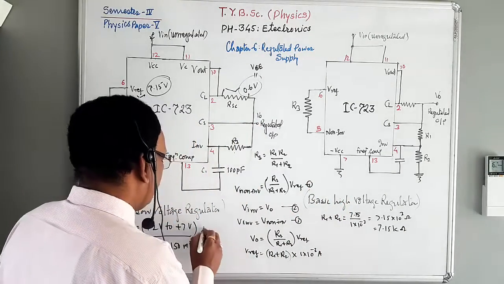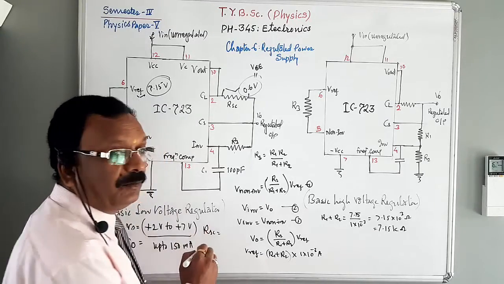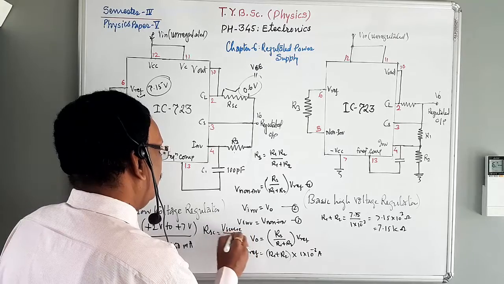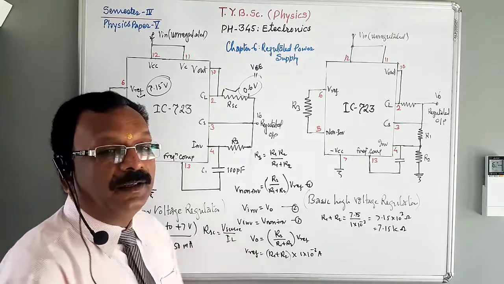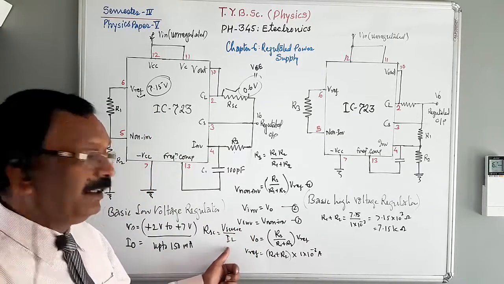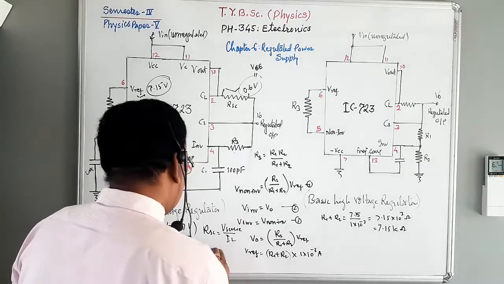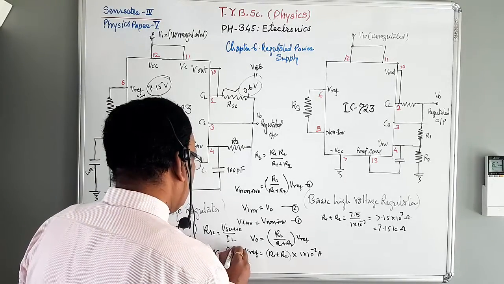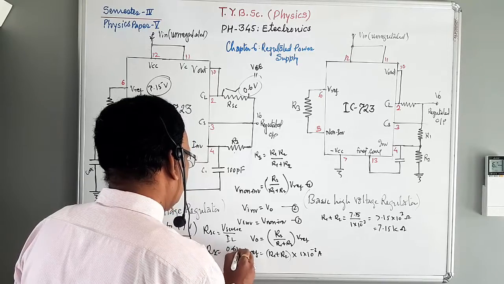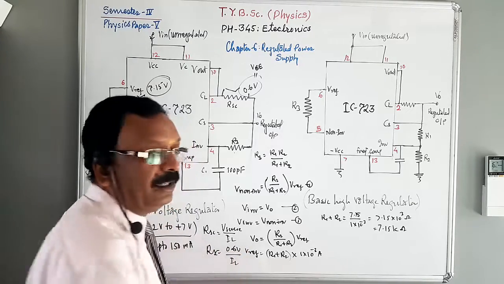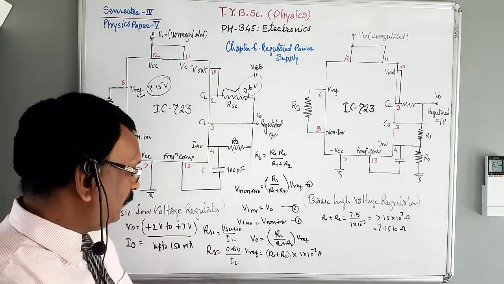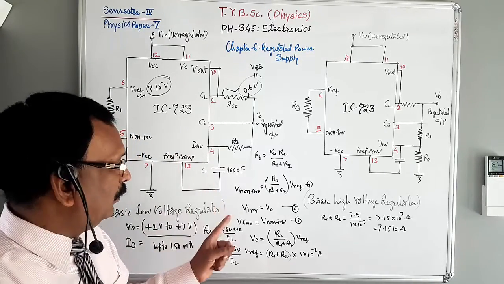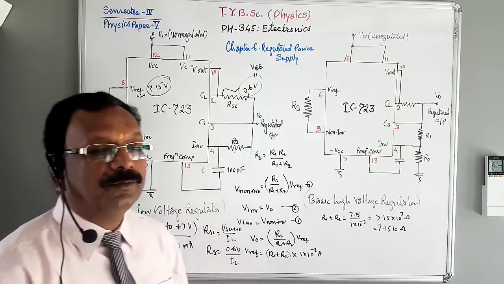That is, RSC must be equal to V sense, voltage sense, upon IL. Here IL is the current limit, and we know that V sense is 0.6 volt, so RSC is equal to 0.6 volt upon IL. Okay. In this way we select the values of R1, R2, R3 and R4.